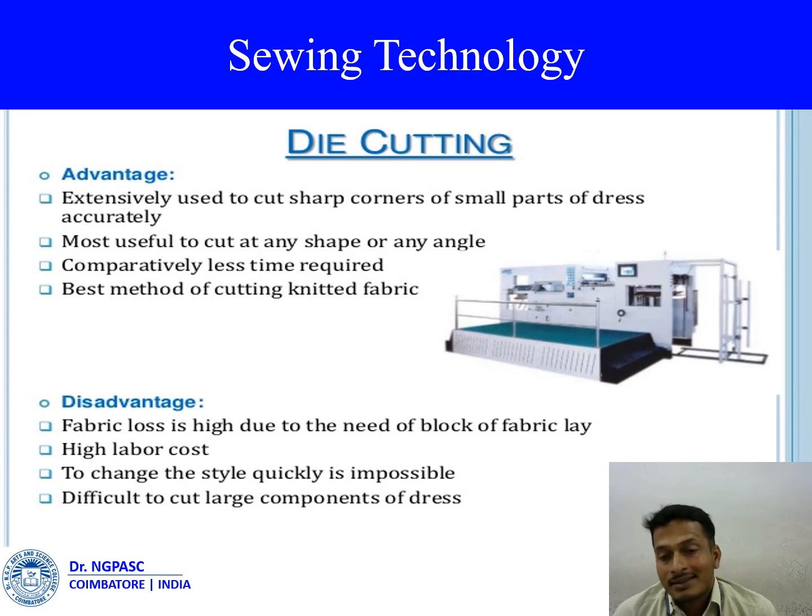For example, we can see cuffs, collars, necklines, and armholes. So it is suitable for these parts. It is most useful to cut any shape or any angle, whatever it is, we are able to cut with die cutters, and comparatively less time is required. It is the best method of cutting for knitted fabrics; it is also suitable for knitted materials.